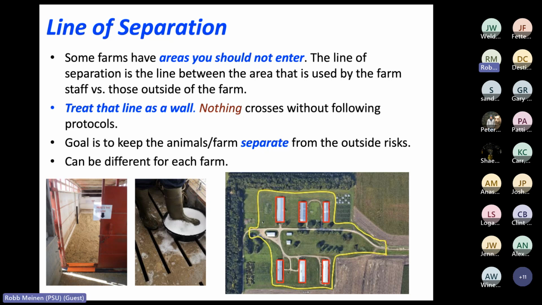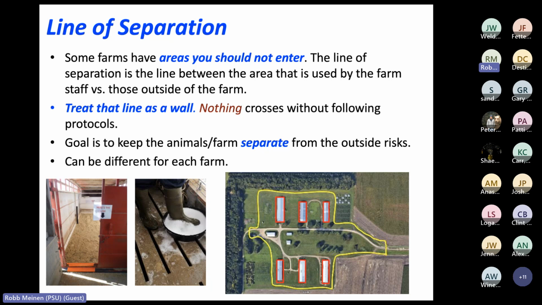We would hand the animals off, they would cross that orange line, and then the other person would take care of them from there. We would not step on that trailer because we don't know where that trailer has been, or whether the animals that were in it last had a disease, and we don't want to bring anything from that trailer back onto that ramp and into our barn.